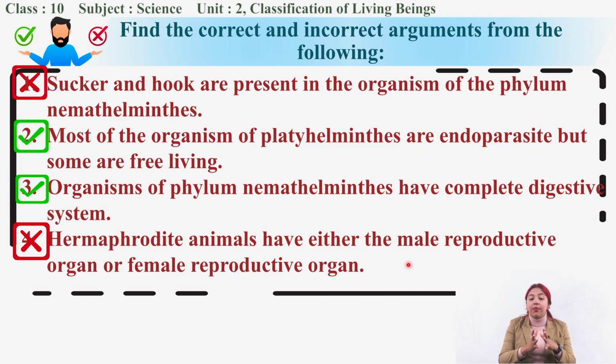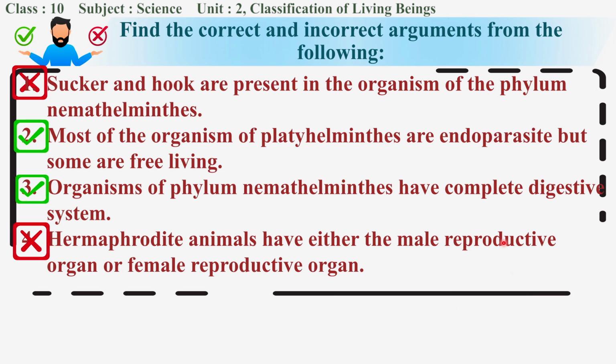The animals which have male reproductive and female reproductive organs in two different bodies are called unisexual animals. But hermaphrodite means both the reproductive organs are present in the same body. Hence, the fourth argument is incorrect.